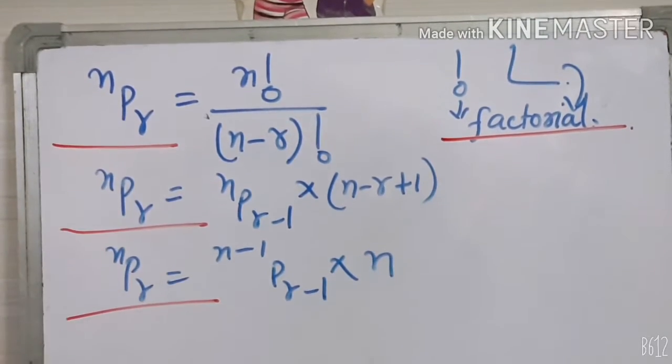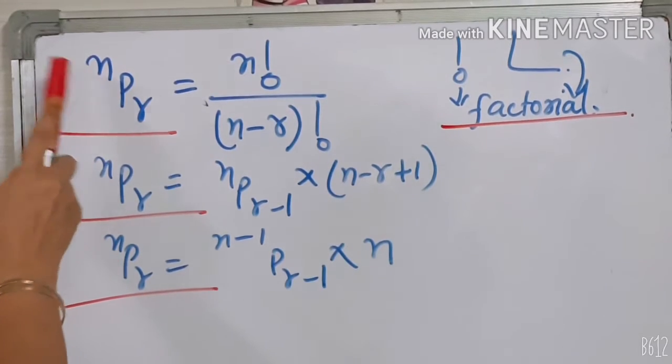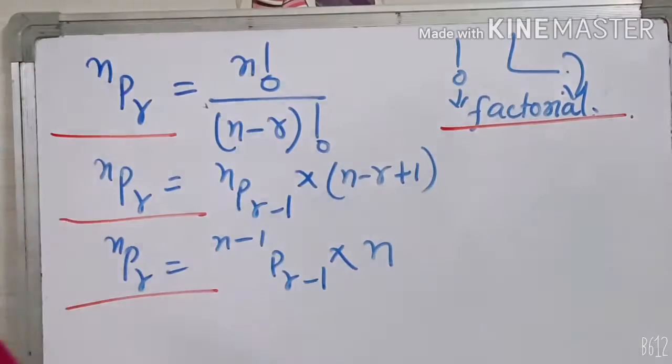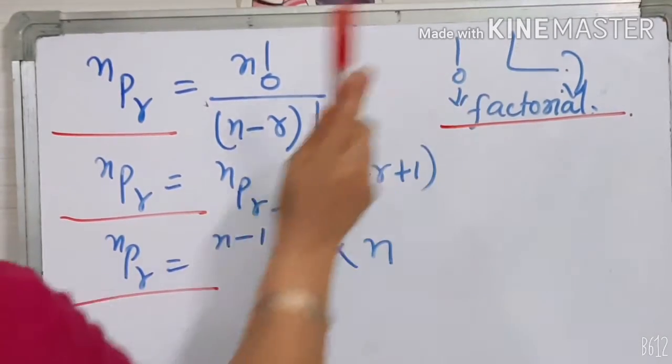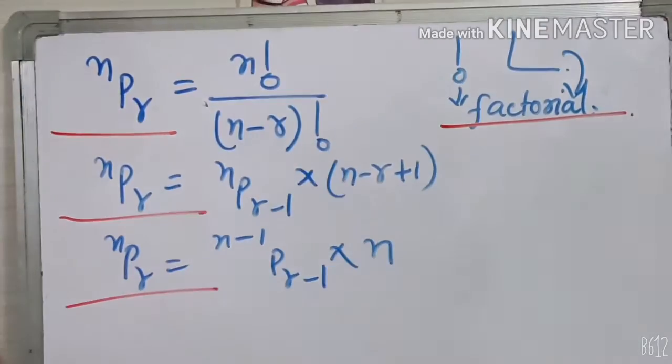Now, these are some formulas. nPr: P means permutation, n means the total number, r means what you need to find out. That is n factorial by n minus r factorial. These are the signs of the factorial, this one and this other one.